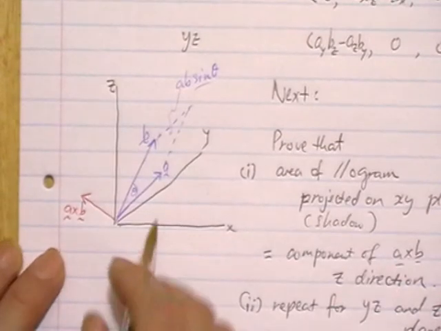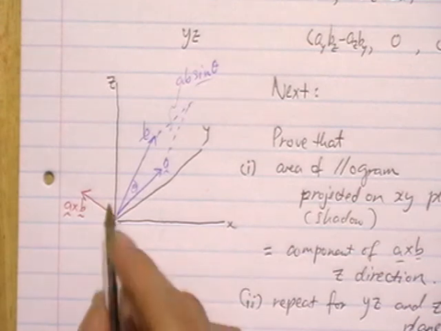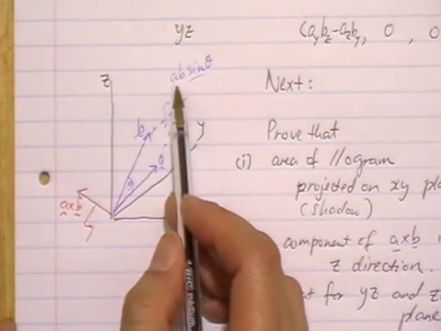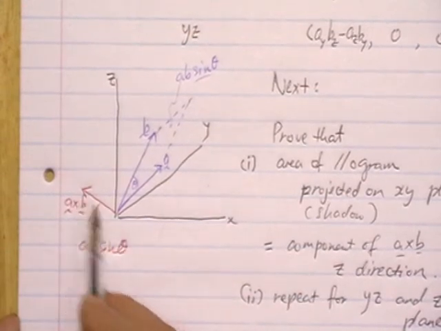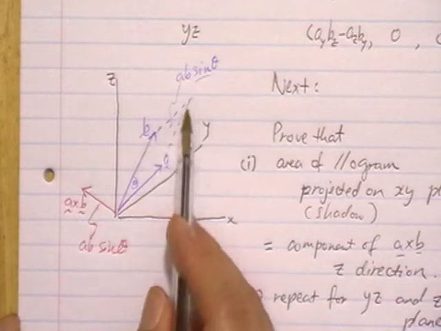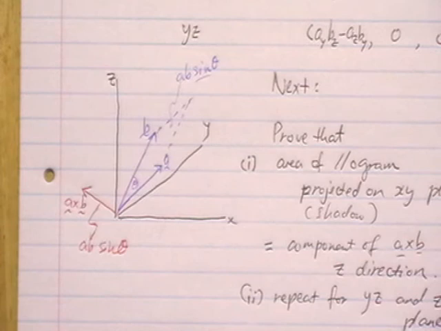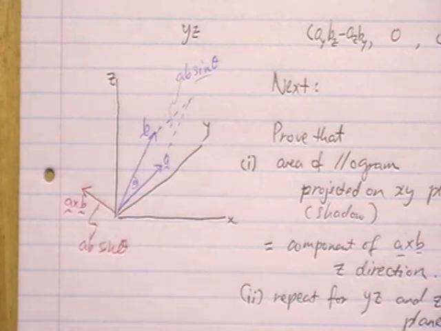Now let's recall what the definition tells us. Definition tells us that the length of this vector is equal to AB sine theta. It just means that the length of this vector is equal to the area of this parallelogram. So how can we connect the component of this in the z direction to the projected area?